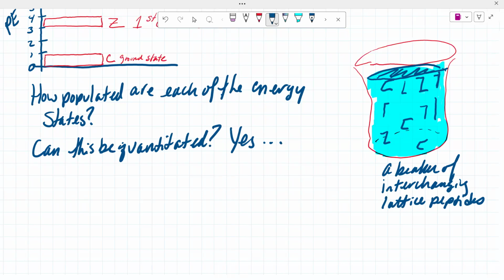Probabilities. So they are interchangeable, which is the really cool thing. So the Boltzmann factor and the partition function Q can be used to help us with this.